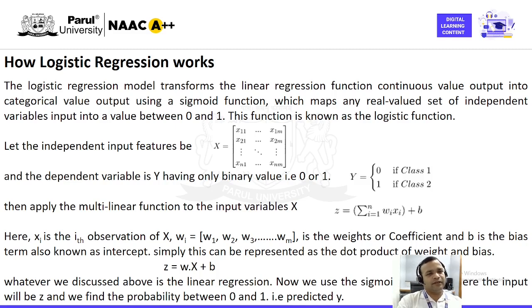How logistic regression works. The logistic regression model transforms the linear regression function's continuous value output into categorical value output using a sigmoid function, which maps any real-valued set of independent variables input into a value between 0 and 1.